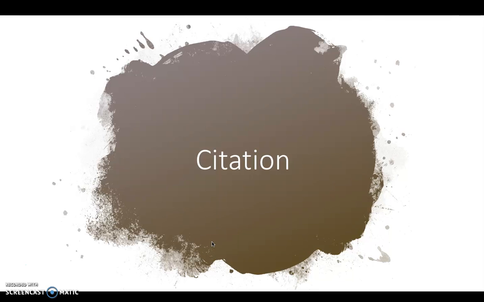So a citation is usually author's last name, then first, title, and your publication information, where it's published, who published it. If you need a URL, you put that in there. That works cited page is really your place to tell the readers what it is that you've used and how they can go and look that information up.